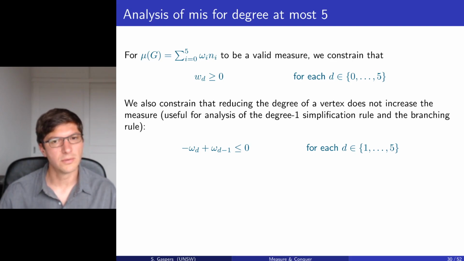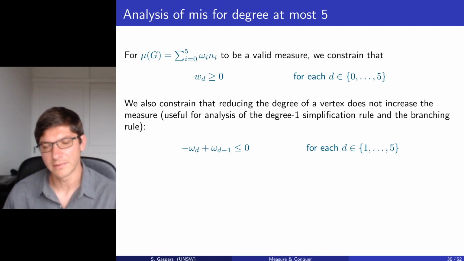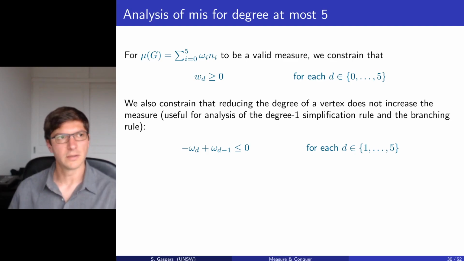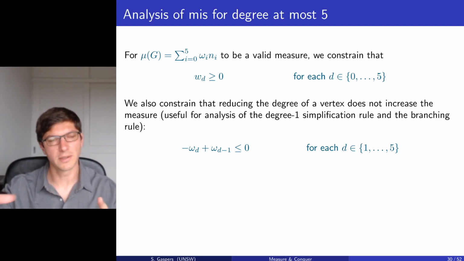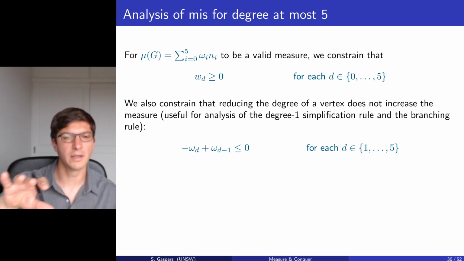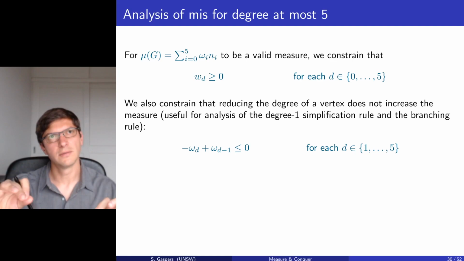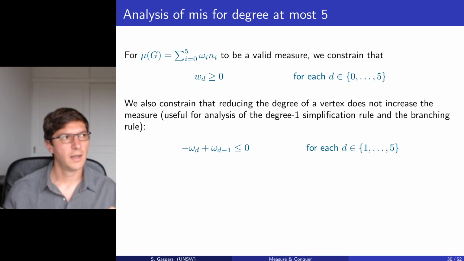Next we are going to introduce a constraint that's useful for our analysis, because it becomes quite complicated when a simplification rule triggers and we don't know how often it triggers. It might trigger very often, right? This degree 1 rule might propagate and trigger very often, and this means that it might decrease the degree of many vertices. And we don't want that decreasing the degree of a vertex increases the measure.